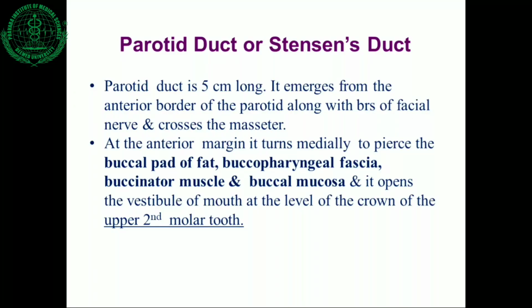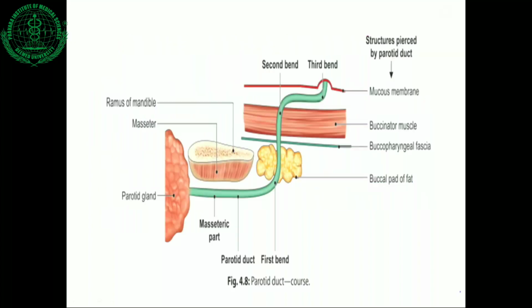Finally, by piercing these structures, the parotid duct opens inside the vestibule of the mouth at the level of the crown of the second molar tooth. Here in this PPT, this is the parotid gland and this is the parotid duct piercing through.